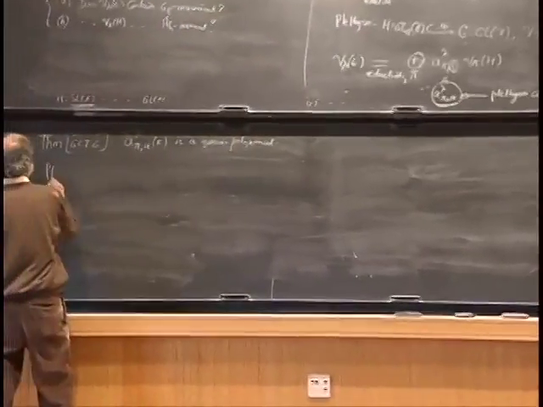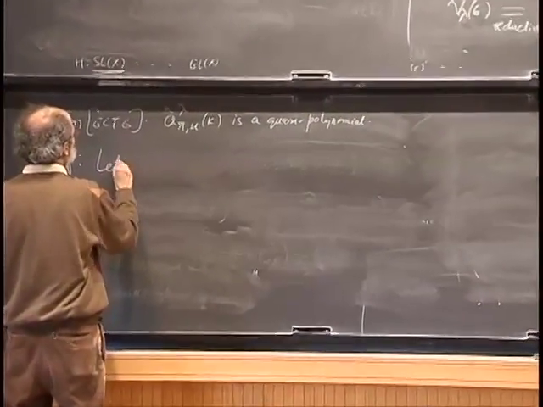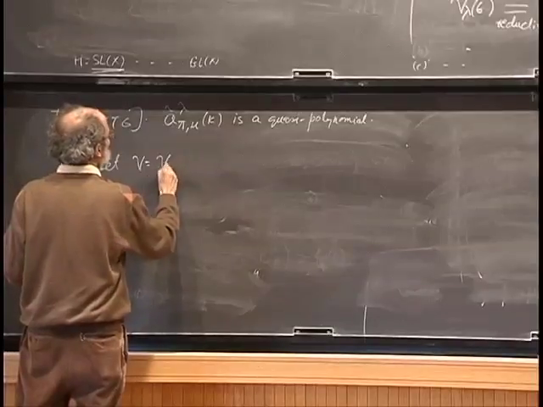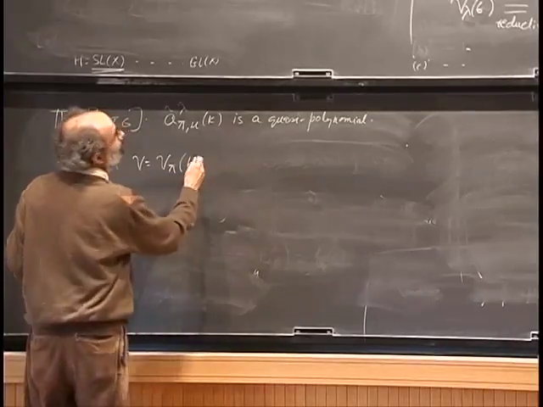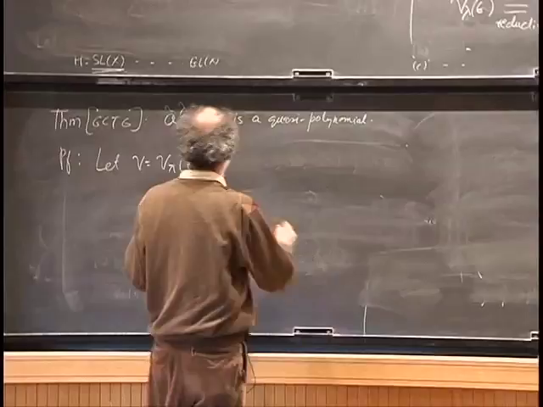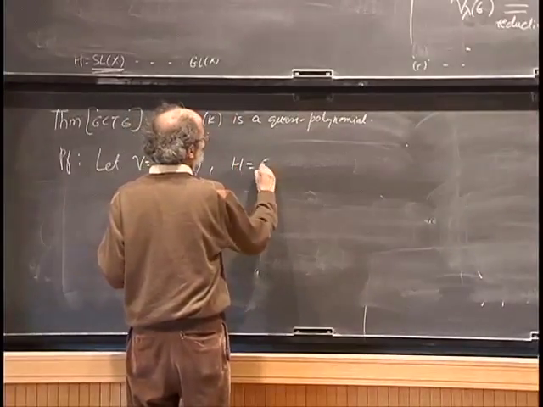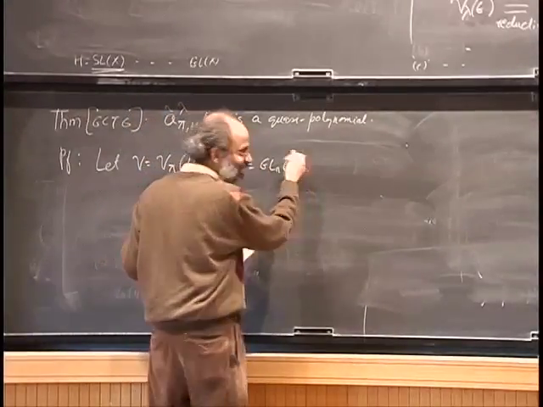So the proof. Let V be equal to V pi of H. And we are taking that H to be GLN C, though it is not really required.